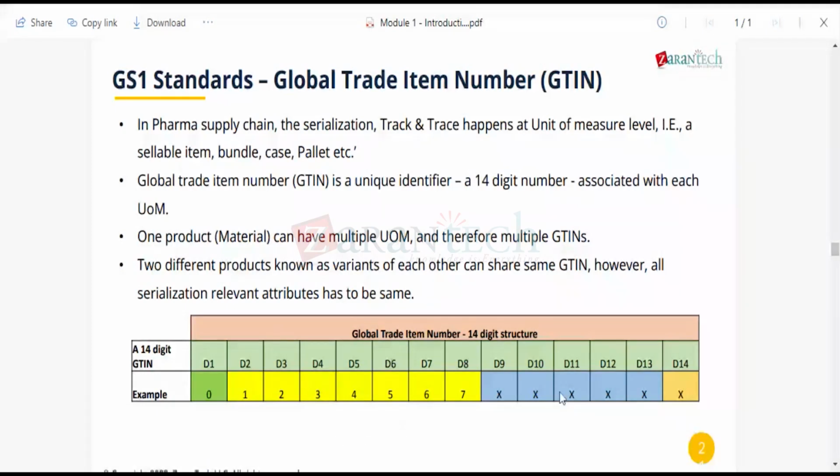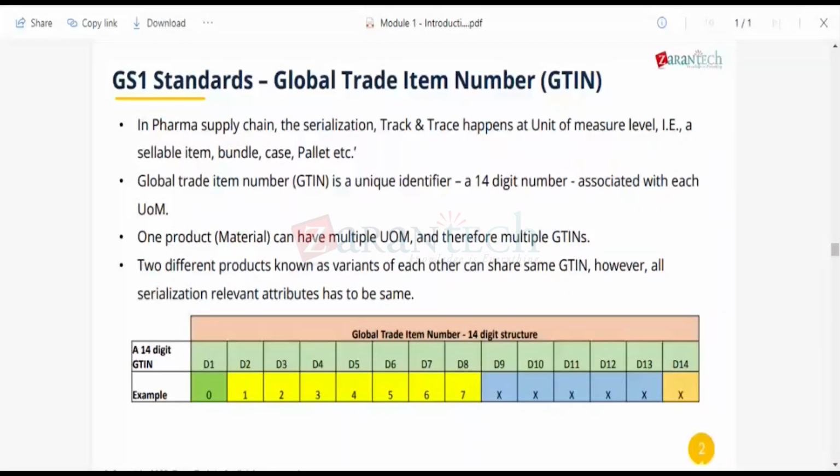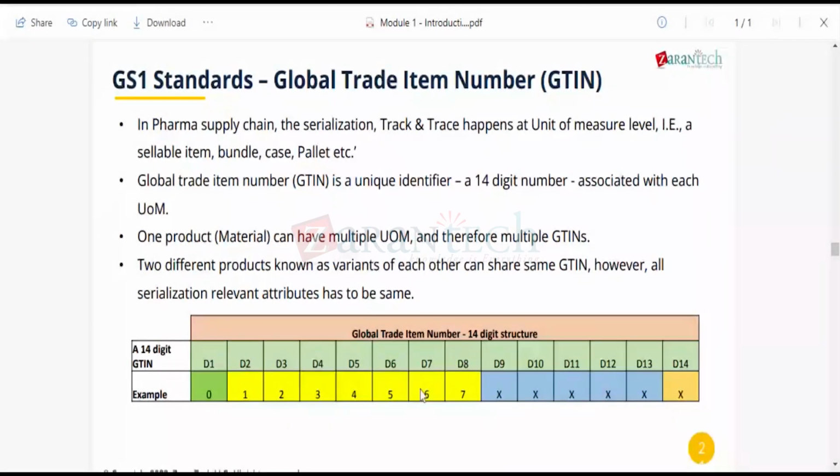The yellow ones are the global company prefix. As I mentioned, the global company prefix can have 6 digits minimum, or it can go up to 11 digits. In this example, I have given an example of a 7-digit global company prefix. Then we have these 5 numbers, which are the product number. The last is a check digit.